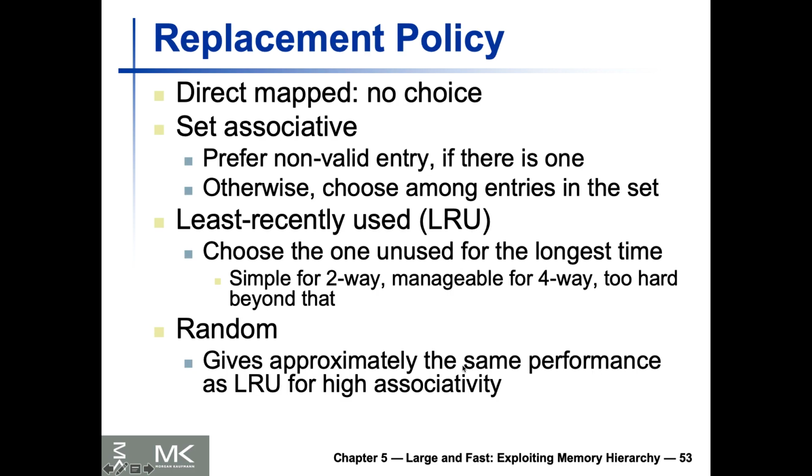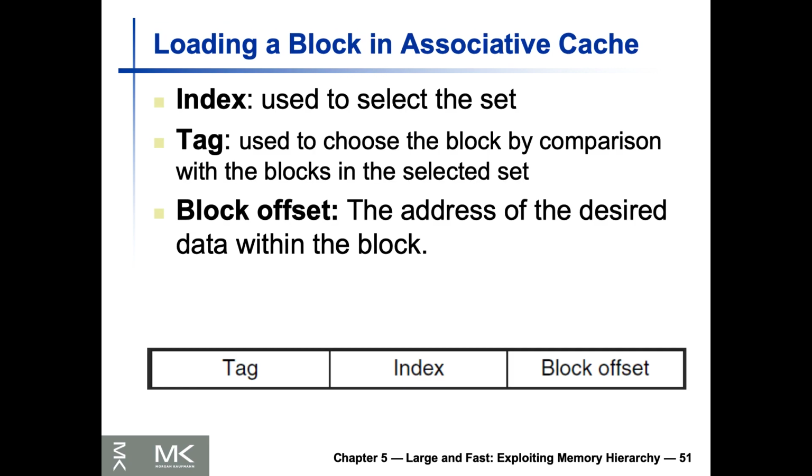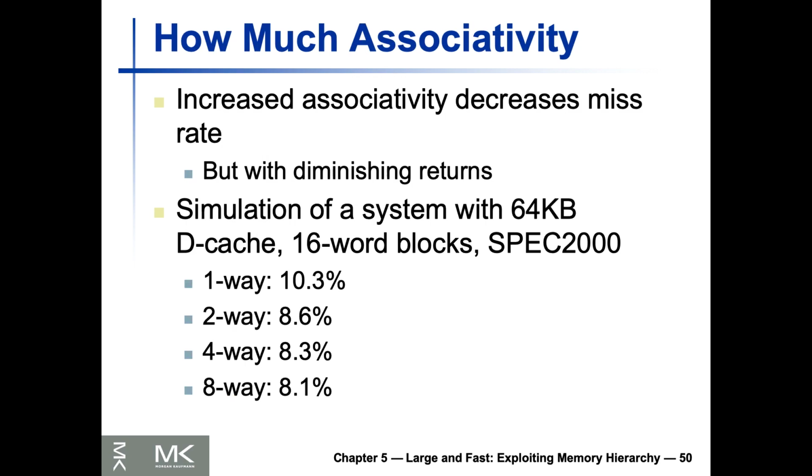Can you explain the how much associativity slide again? This one? This is just experimental results on multiple benchmarks using a single cache of 64 kilobytes of 16-word blocks. SPEC 2000 contains around 20 benchmark applications that people run as a standard benchmark.